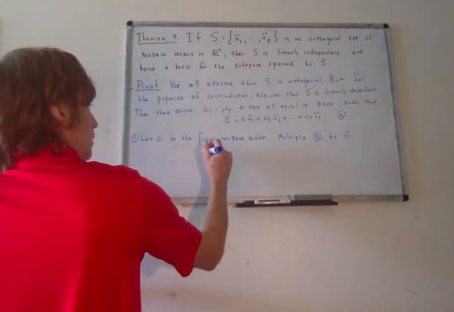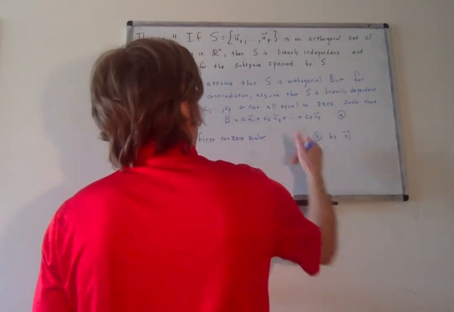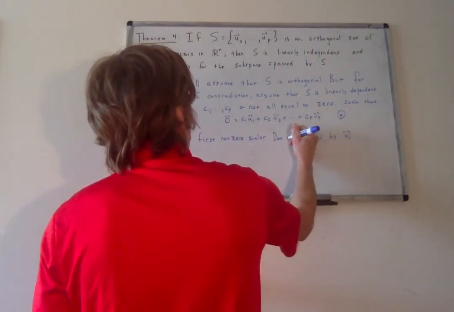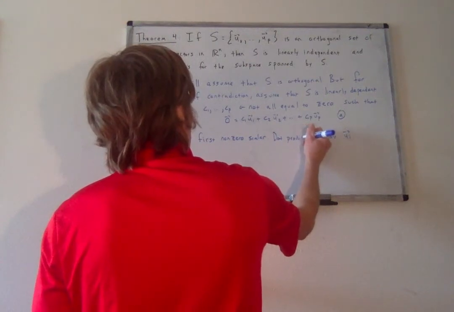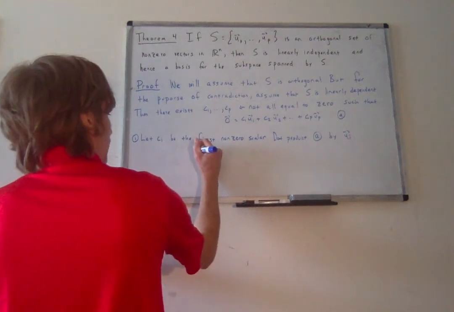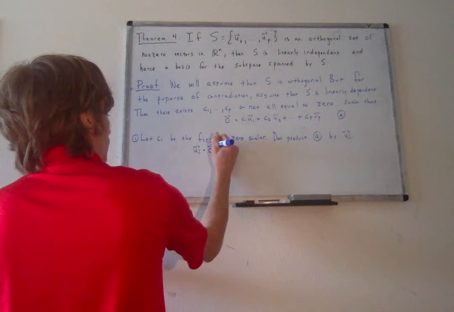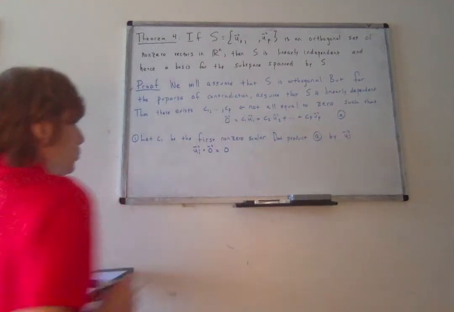So what do we get? Actually, it's not multiplying, sorry. We're going to take the dot product on both sides. So dot product A by u sub i. We get u sub i dot product 0, which is just equal to 0.